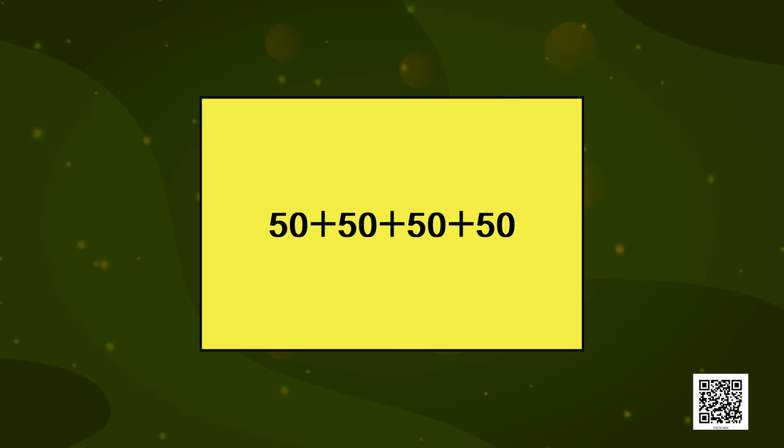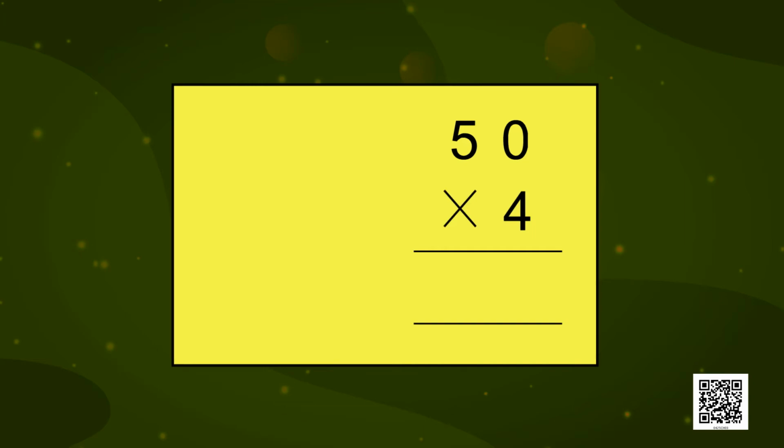How? Let me tell you. 50 is added 4 times. Here you see. So what can we do? We can multiply 50 by 4. Let's do it. 50 multiplied by 4.